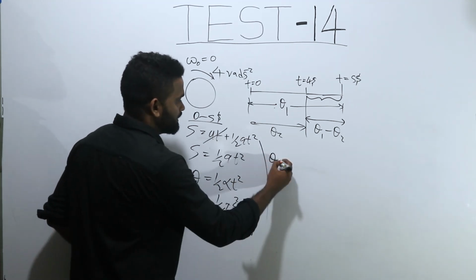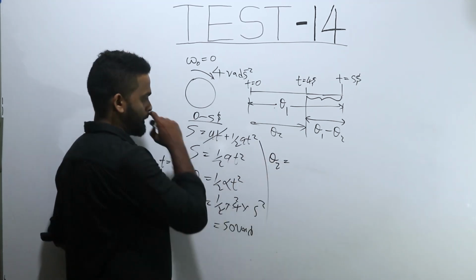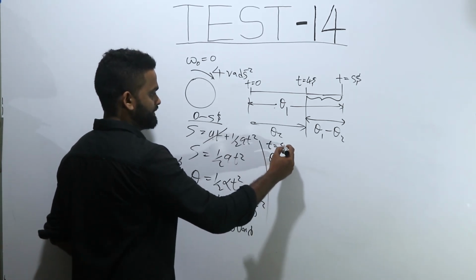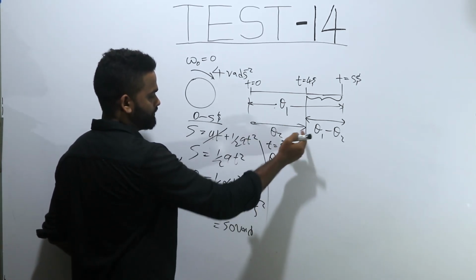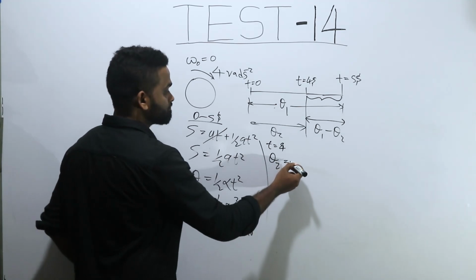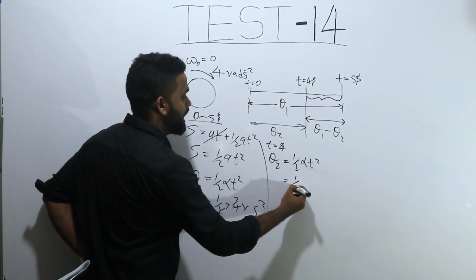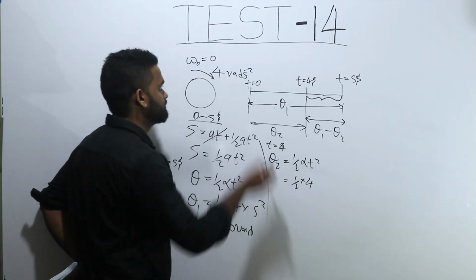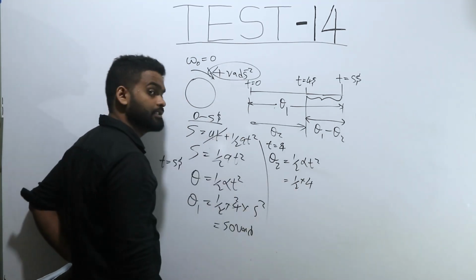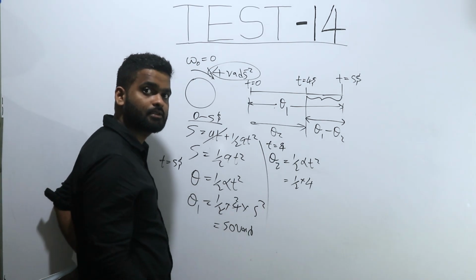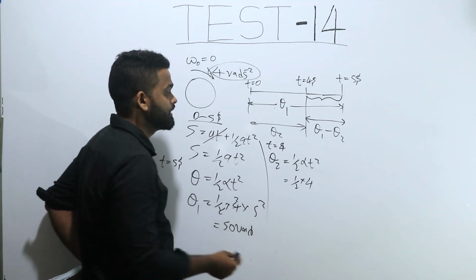Then I will calculate θ2. For θ2, time is 4 seconds. Half alpha t square. Half, acceleration is 4. It doesn't change, right? Acceleration is 4 radians per square second all the time.